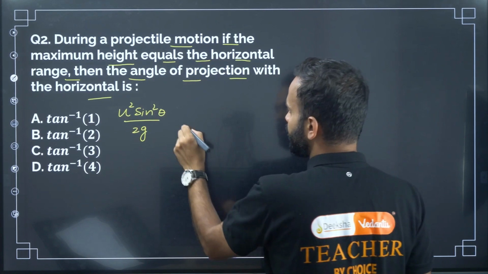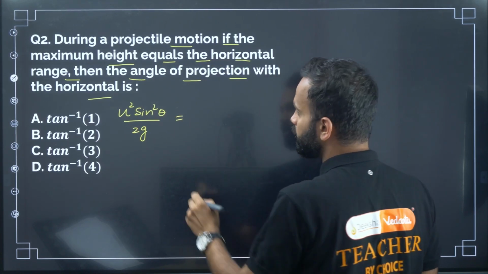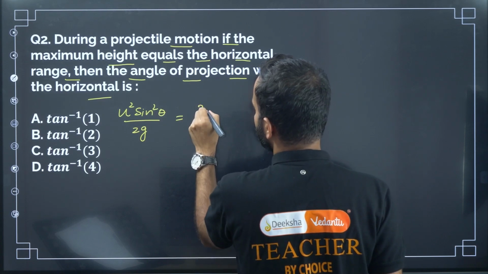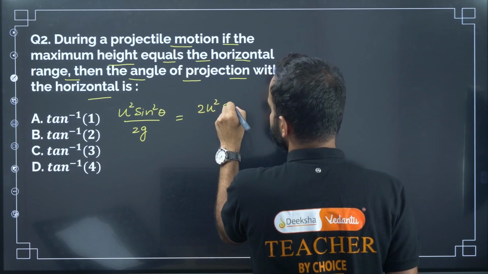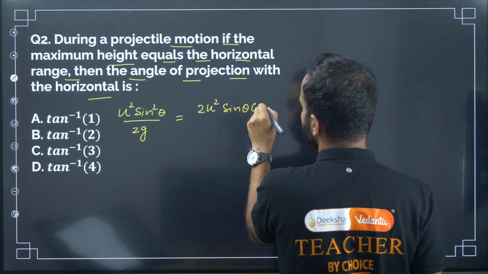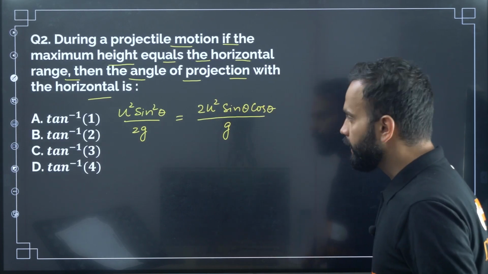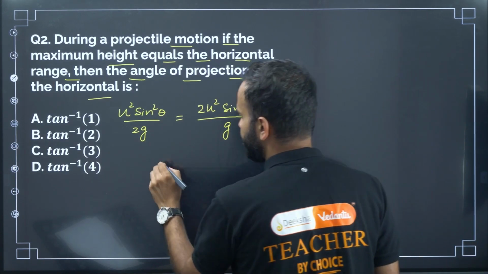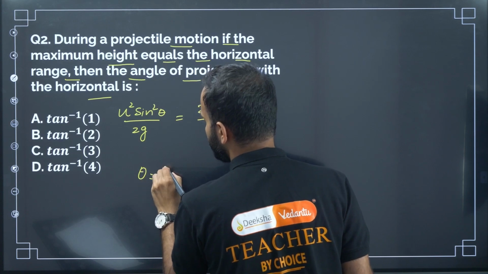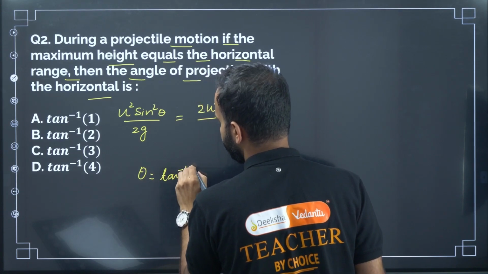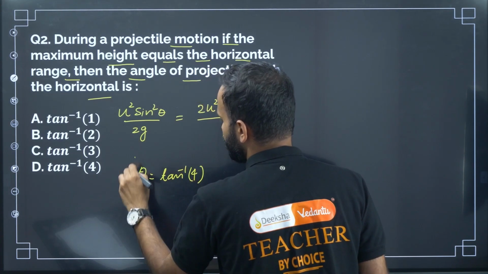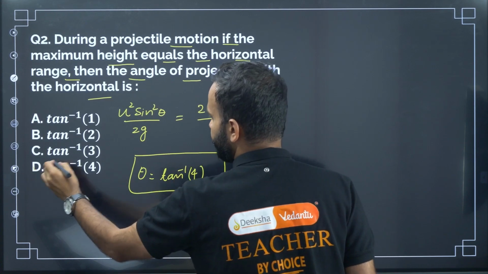And the formula for range will be 2u square sine theta cos theta divided by g. Now solve this. You will get theta equal to tan inverse of 4. So the correct option is D.